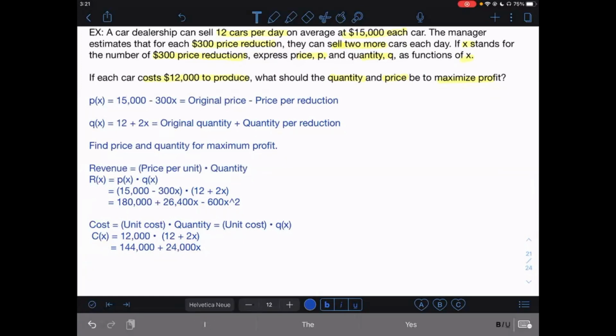Okay, so now we have our cost function. So now we can finally formulate our profit function. And again, how do we define the profit function?